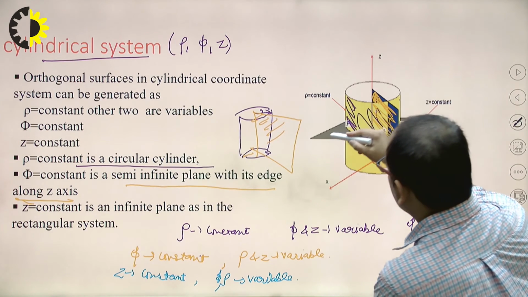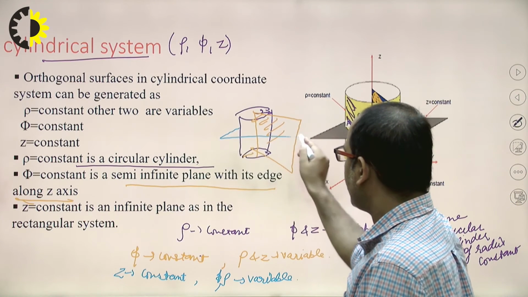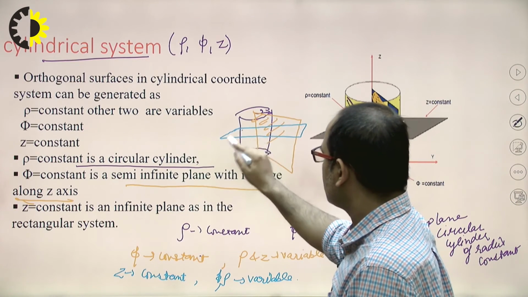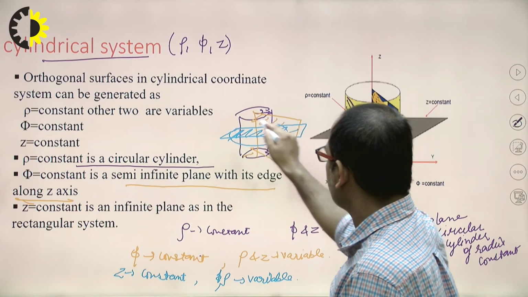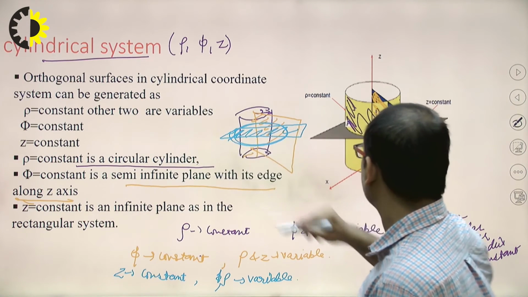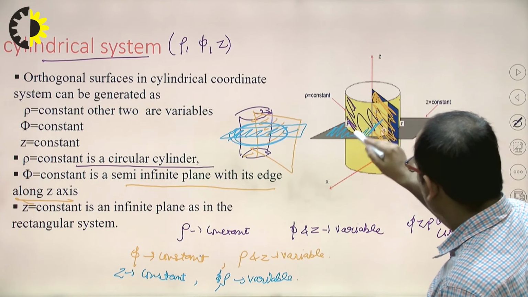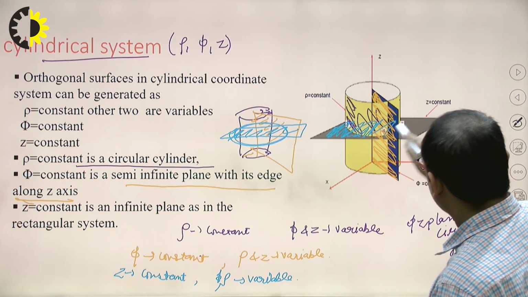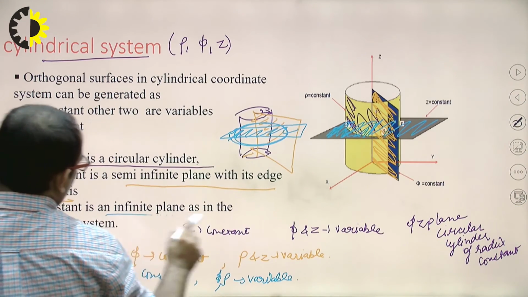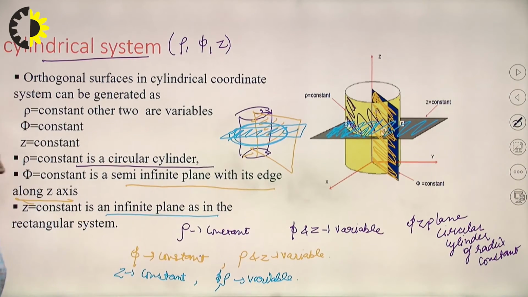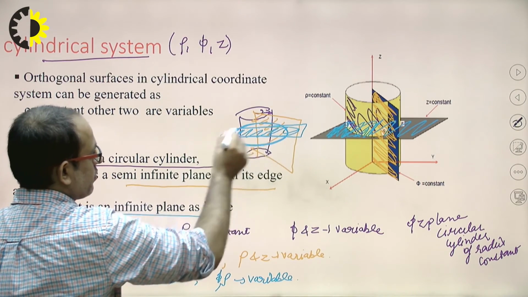Then you will see that height is constant and this kind of plane will be formed. You will see this one. So when z is constant, an infinite plane as in the rectangular coordinate system. Clear?